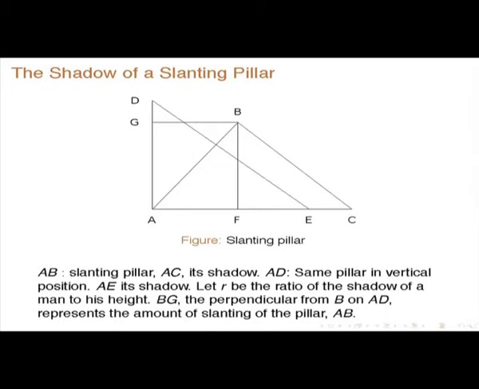Then when in vertical position its shadow will be AE, and let R be the ratio of a man's shadow to his height. BG is the perpendicular from B on AD. So this is the distance between this and this.